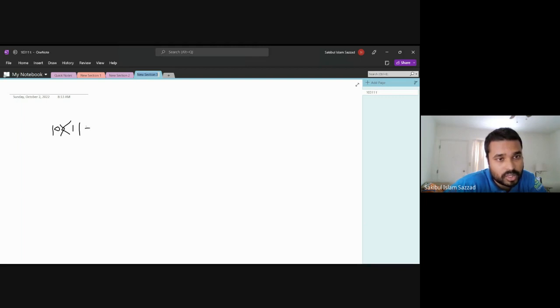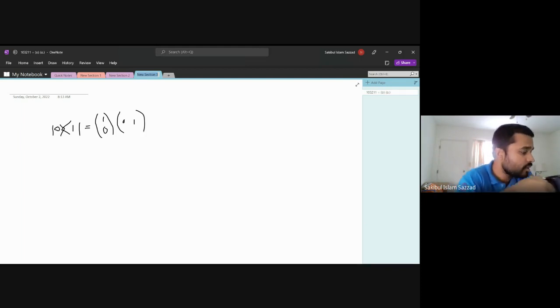So what will be the matrix for ket 0? The matrix for ket 0 is 1 and then 0, and the matrix for bra 1 is 0 and 1. Can you do the matrix multiplication for this? Someone please do the matrix multiplication and tell me what it will be.